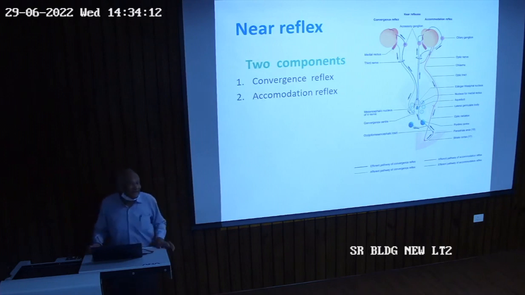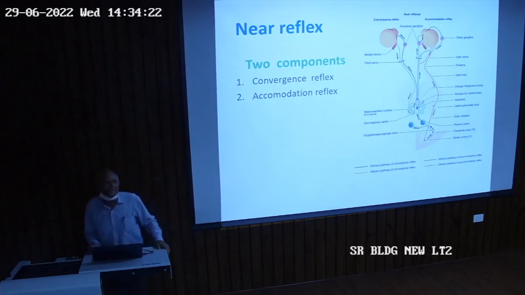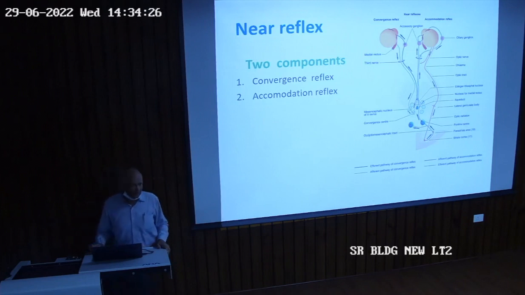The ciliary muscle constriction causes the zonules to relax. When the zonules relax, there is accommodation of the lens. That is the accommodation part, plus constriction of the pupil.